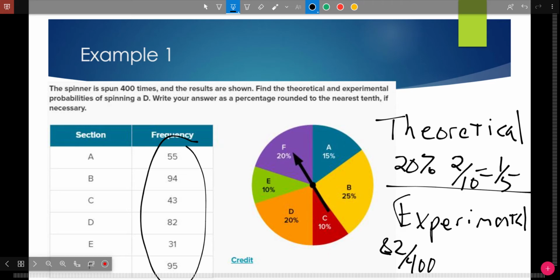But I'm just going to take a calculator, 82 divided by 400 is 20.5%. Right? 20.5%, or 0.205.